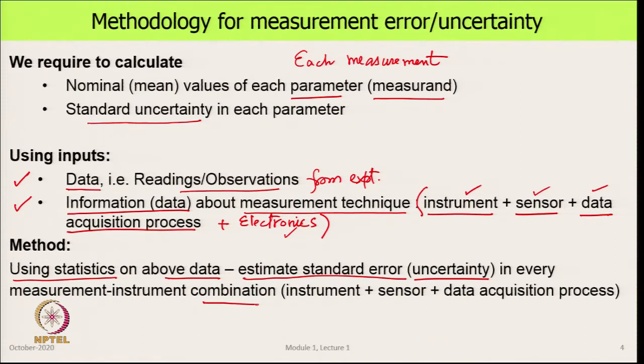That means, in each measurement, or the measurand or the parameter, we estimate the standard error in it. So, that is what we want now. What are the formulas, the relations and their scientific basis by which we can take this data over here and get what we want over there? So, what is that? Statistics and mathematics help us to do that.